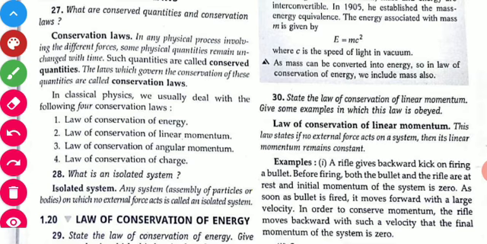Such quantities are called conserved quantities, and the laws which govern the conservation of these quantities are called conservation laws. So there are some of the laws, like conservation of energy, momentum, angular momentum, charge.